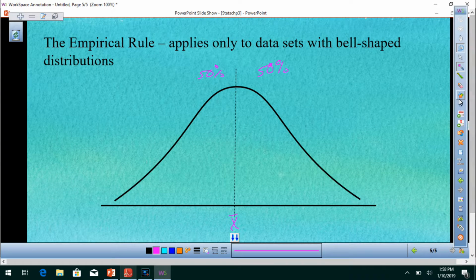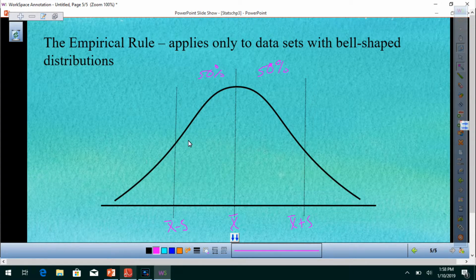Now, if we go about right in there, and about right in there, this would be x bar plus s, and this would be x bar minus s.